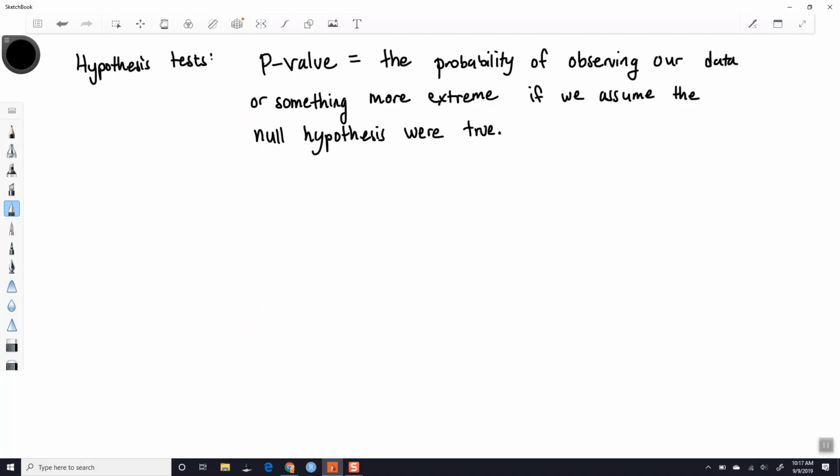That's going to be the definition of our p-value.